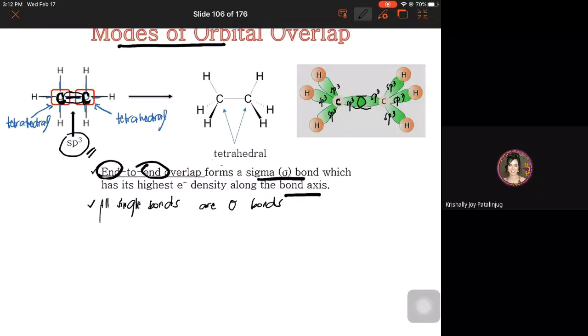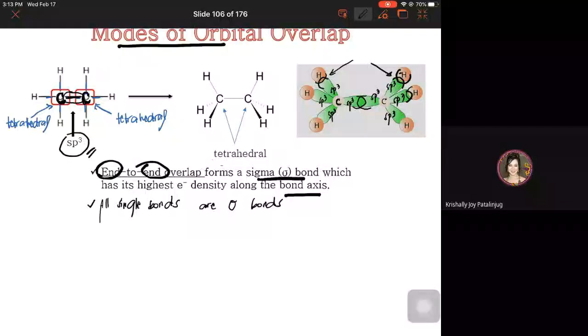So the other sigma bonds here are formed between carbon and hydrogen. Here, the orbitals of carbon and hydrogen collide. Okay, the same with the other side. So when it is end-to-end, the end of one orbital collides with the other end of another orbital.